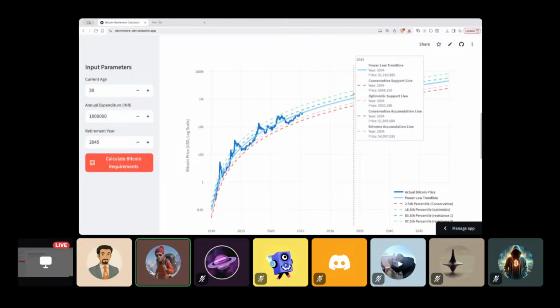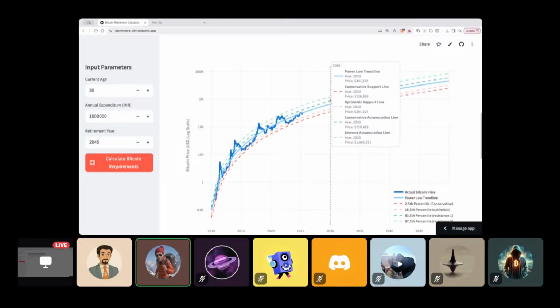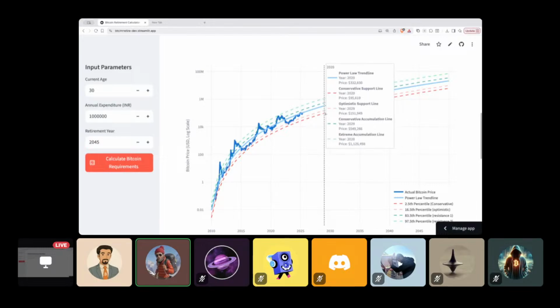Now that we have the power trend, we can calculate percentile lines, like the 2.5th percentile line, which is the last line that you see here, the dark red one. What this line signifies is that the actual price of BTC has been above this line for 97.5 percent of all observations.